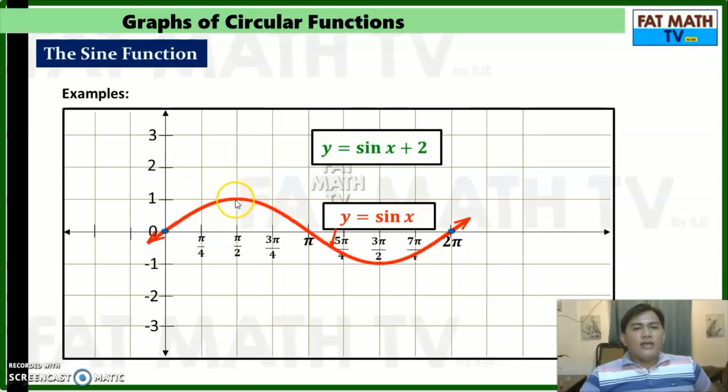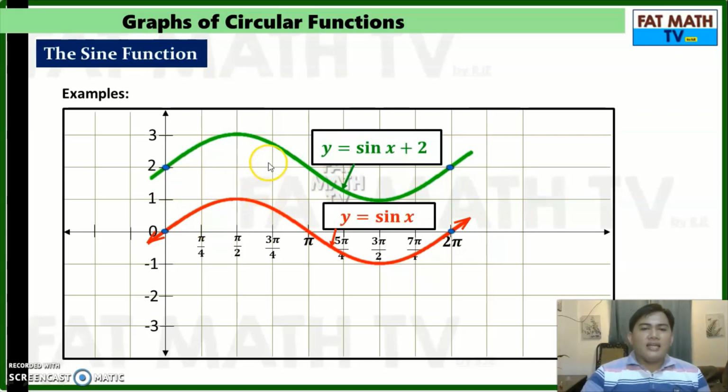Here y is 1, so 1 plus 2 becomes 3, and so on. And you will create a graph like this. So it's shifted 2 units upward because you're adding 2 to each value of y. So you just move the graph 2 units upward. Always our reference here is y equals sine x.